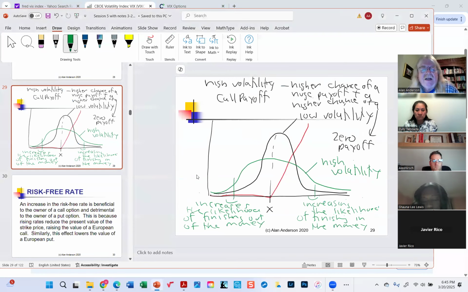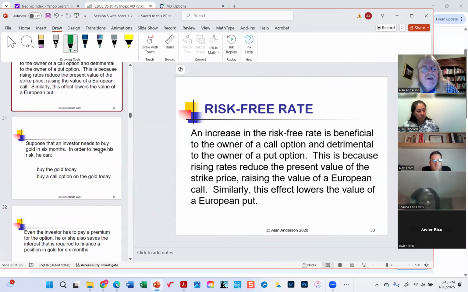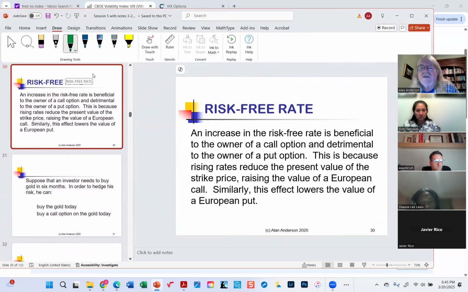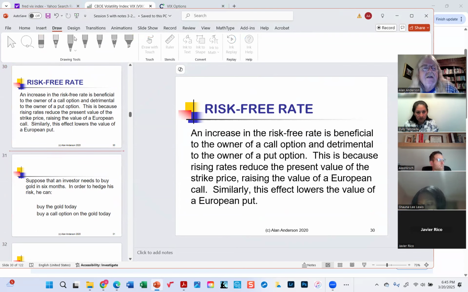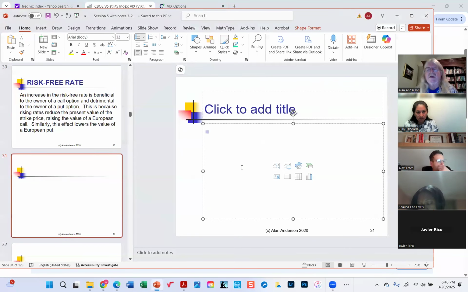Okay. All right. Now the risk-free rate, what does this have to do with anything? Well, this has to do with the nature of a call and a put. Just think about it this way.